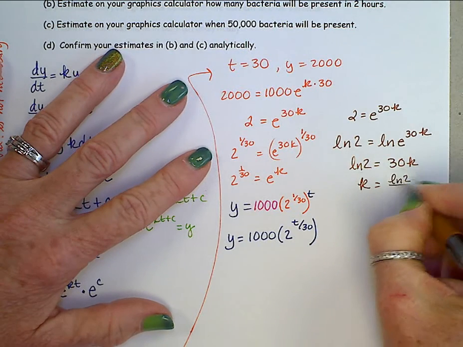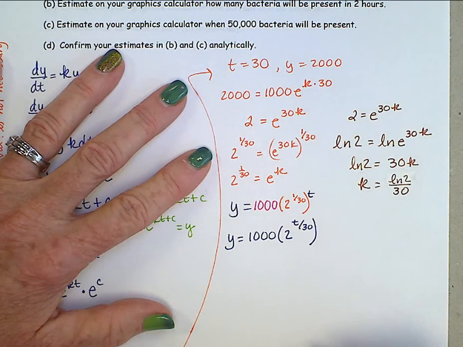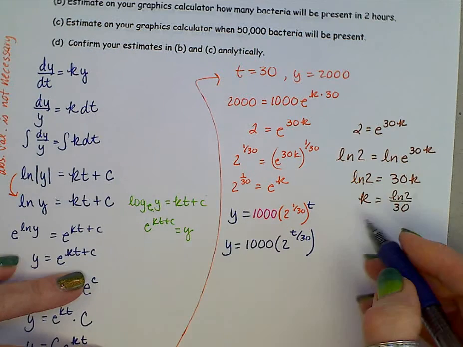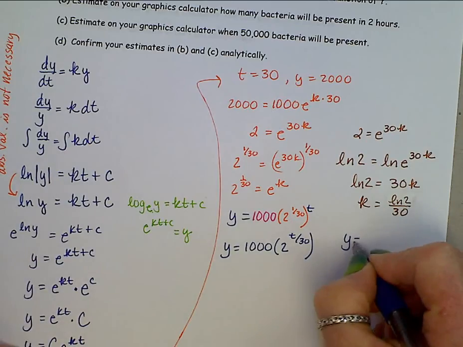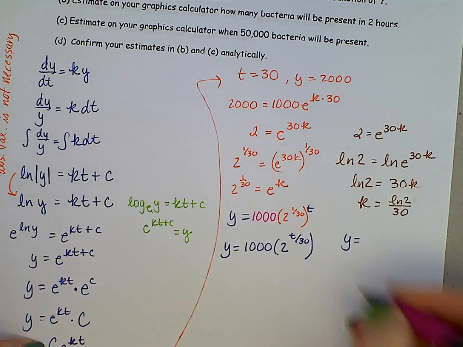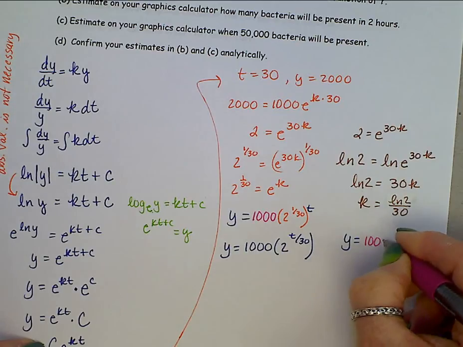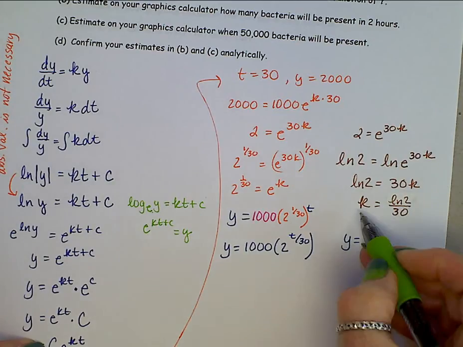ln2 over 30. All right, now when we write back into this format over here, we have y equals c, still 1,000, but this time we're just going to replace out that k.